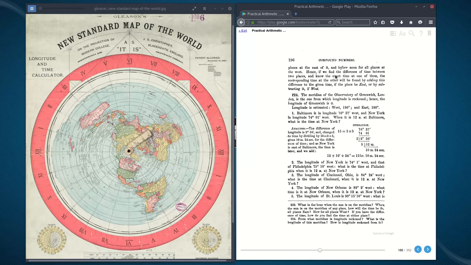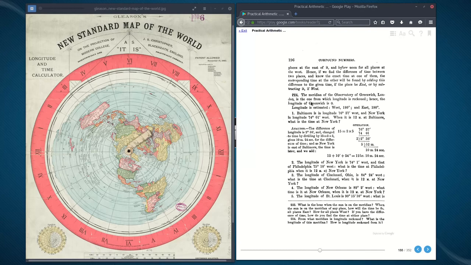Hence, we find the difference of time between two places and know the exact time at one of them. The corresponding time of the other will be found by adding this difference to the given time, if the place be east, or by subtracting it if west.